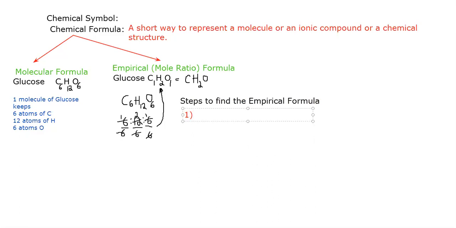The first step: you must know the elements of the compound. Remember, the empirical formula is also helpful to find out the ratio of the compound. Elements of the compound.